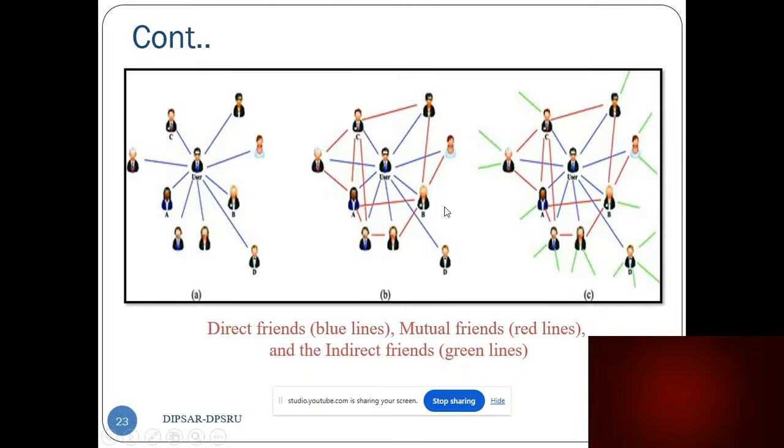And you all know, when you are using Facebook or other things, you will find the statistics showing that you and this person have 20 mutual friends, right? So that is a network. By studying these connections, they will get to know. And there are indirect friends as well, represented by the green line. So all these analyses we are doing with respect to the social network, right?